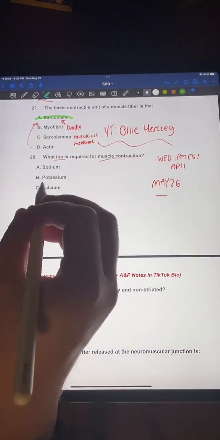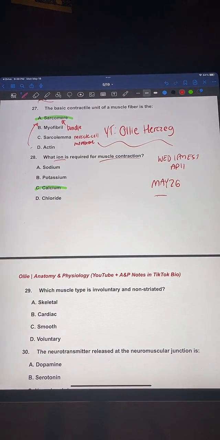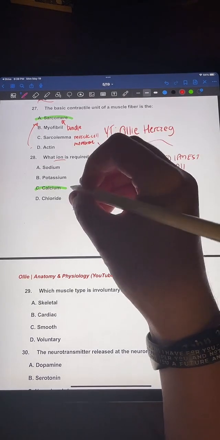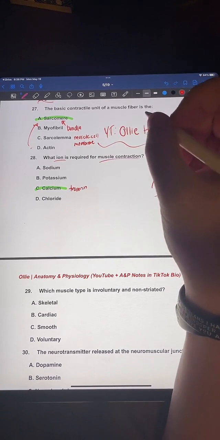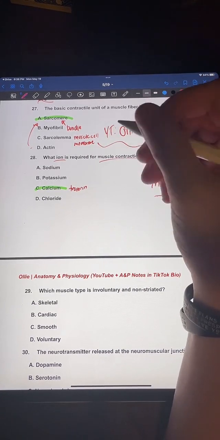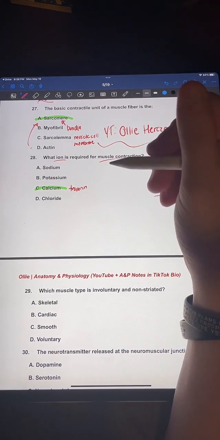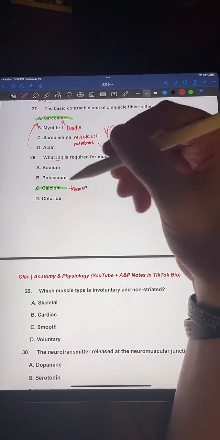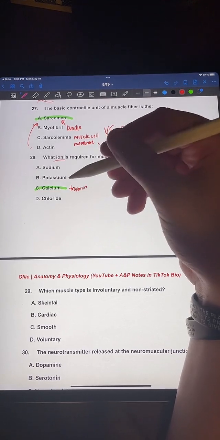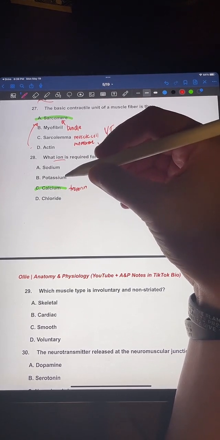It is C. It is calcium. Awesome. So remember, calcium binds to troponin. That is going to remove tropomyosin, which is on actin active sites, so myosin heads can attach. So the calcium binding to troponin enables the actin to myosin interaction.